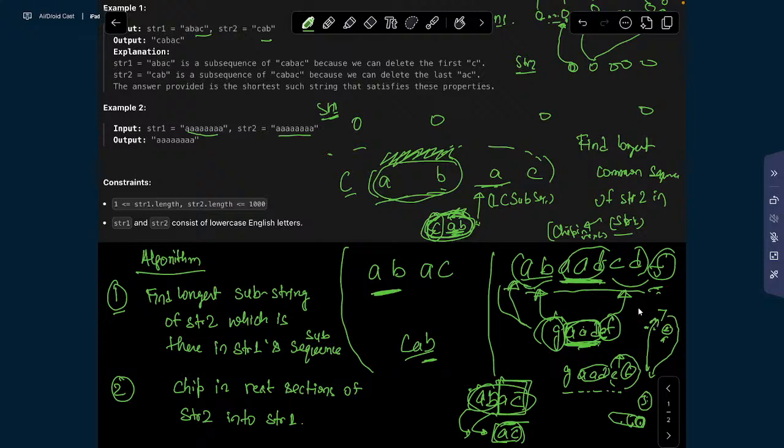So I think the approach which I am currently choosing is not good, because the longest common substring is actually a wrong solution. Why? Because we have just seen that if we find the longest subsequence which is common, that is also fine, right? That is actually better.